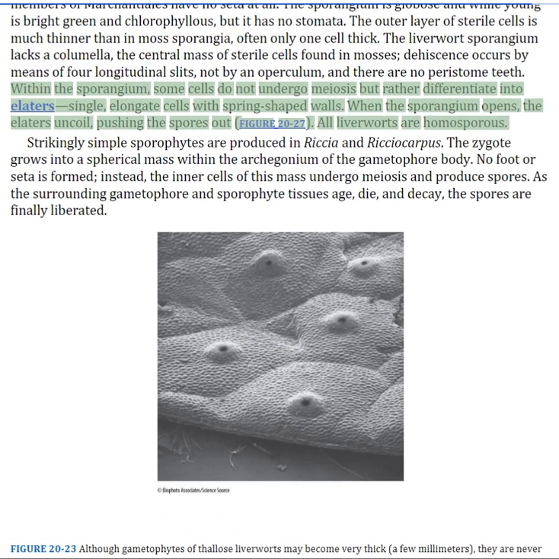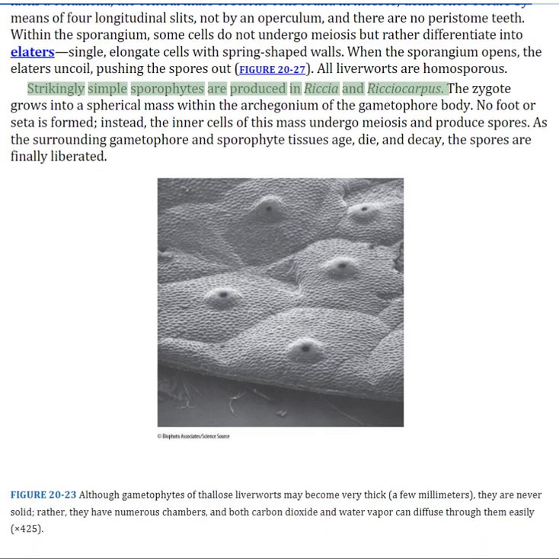Within the sporangium, some cells do not undergo meiosis but rather differentiate into elaters, single, elongate cells with spring-shaped walls. When the sporangium opens, the elaters uncoil, pushing the spores out. All liverworts are homosporous. Strikingly simple sporophytes are produced in Riccia and Ricciocarpos.